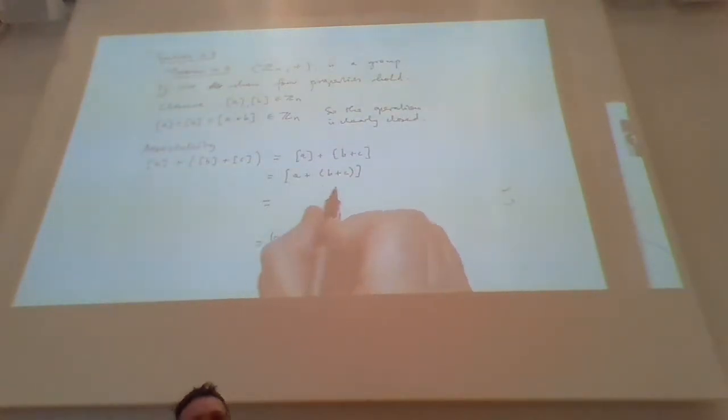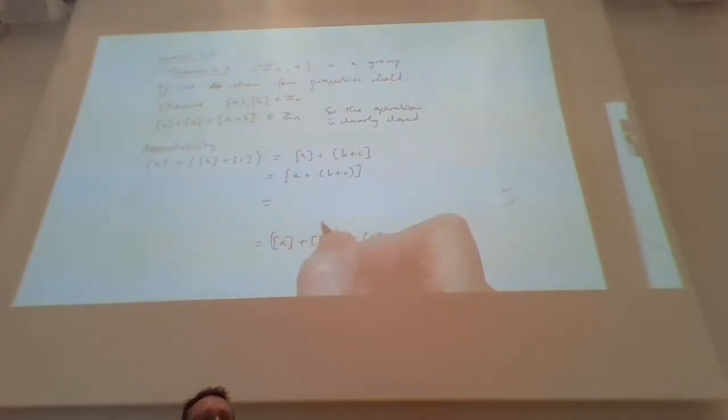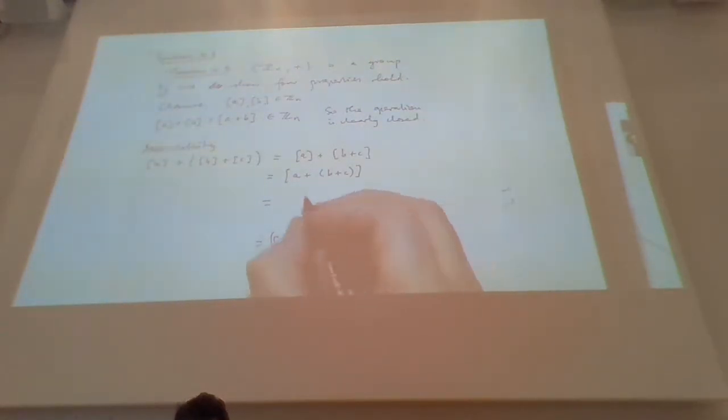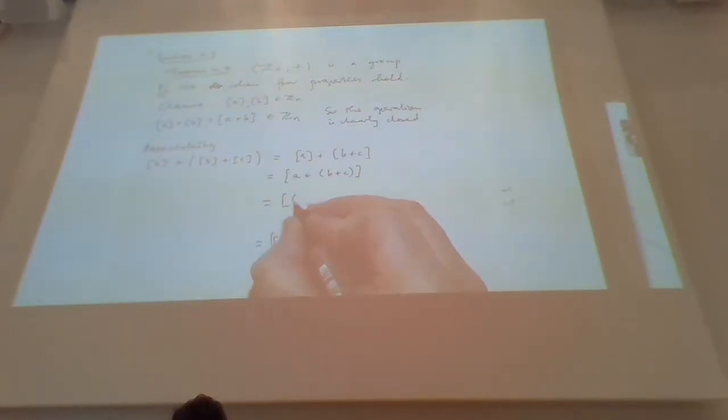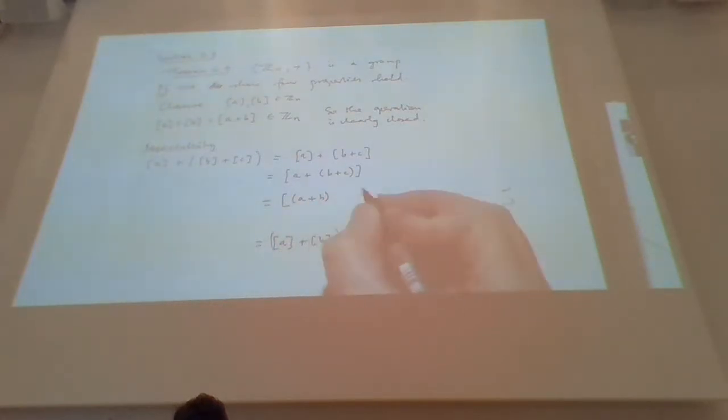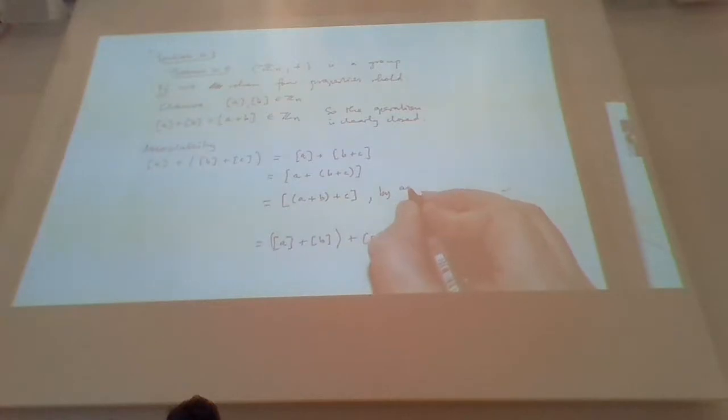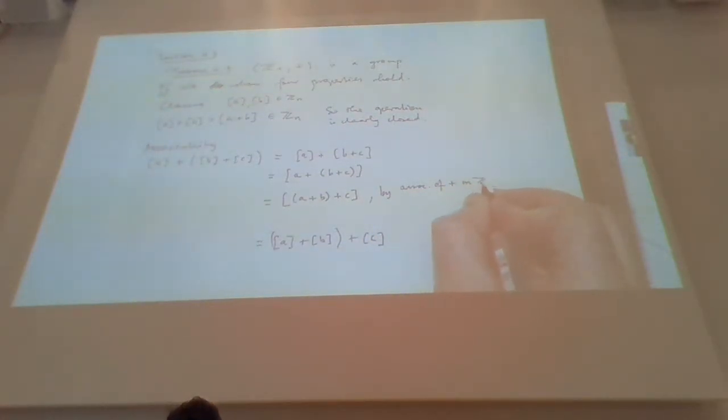So there's a very compelling thing to use here, which is the associativity of addition on the integers. We're well used to the idea that when adding a bunch of integers, it doesn't really matter how you add them up. The sum is always the same. So this is by associativity of addition on the integers themselves.